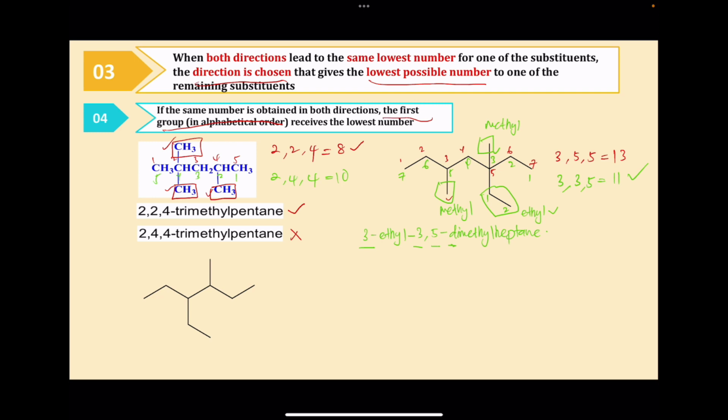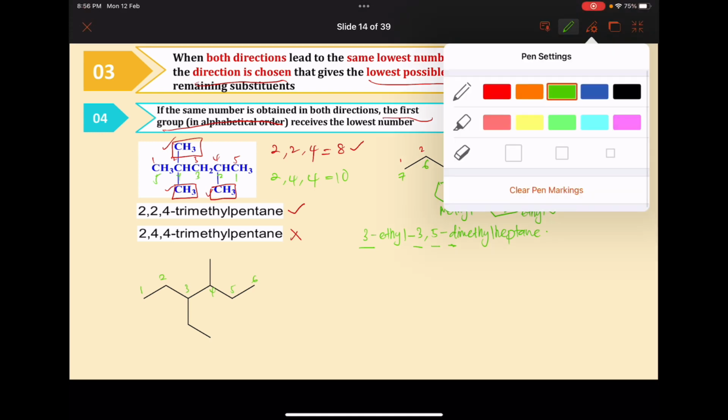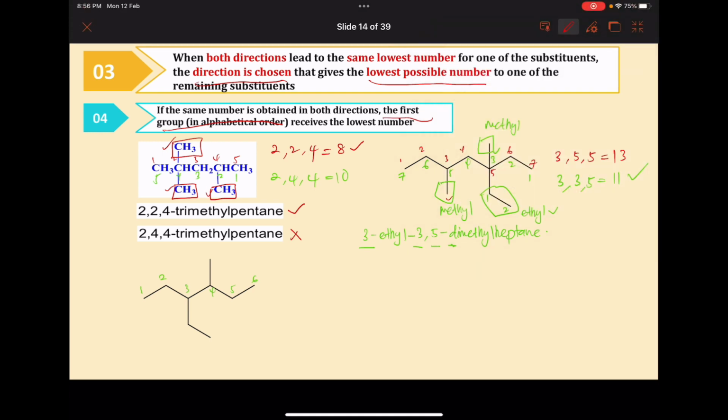Okay, we look for the longest chain of carbon first. 1, 2, 3, 4, 5 and 6. Six is the longest. So we can also go the other way, 4, 5 and 6.